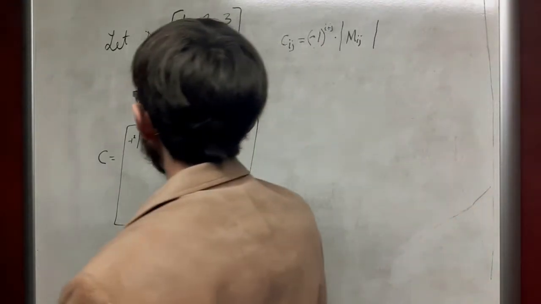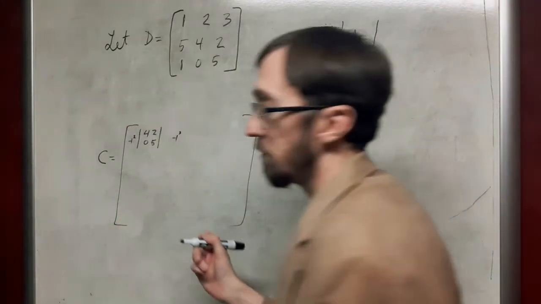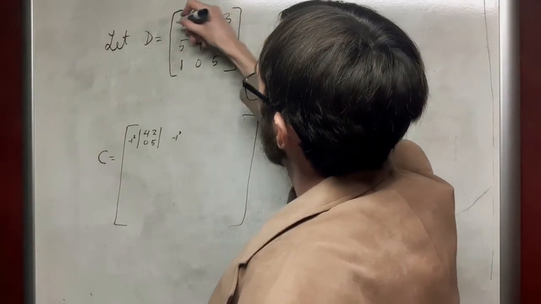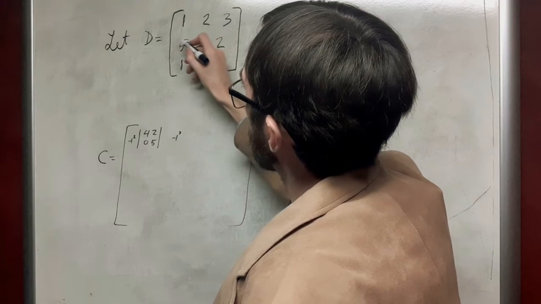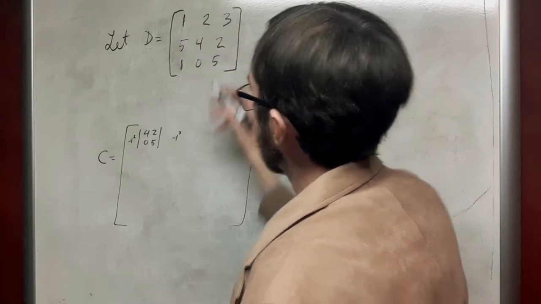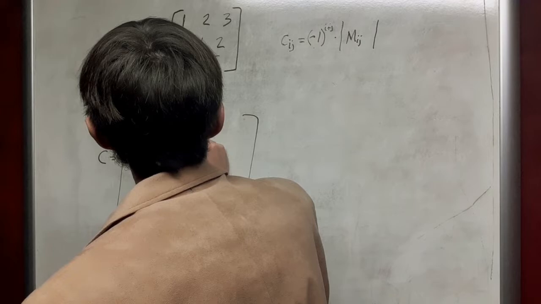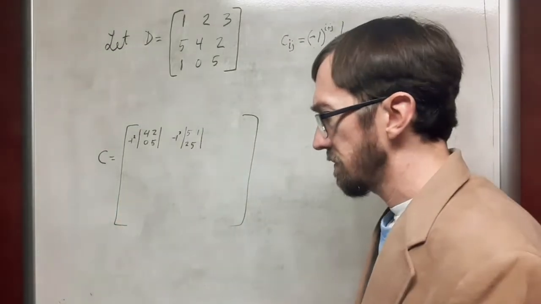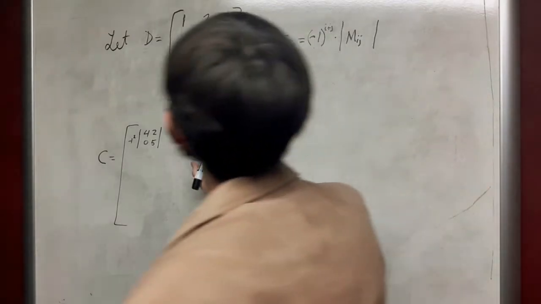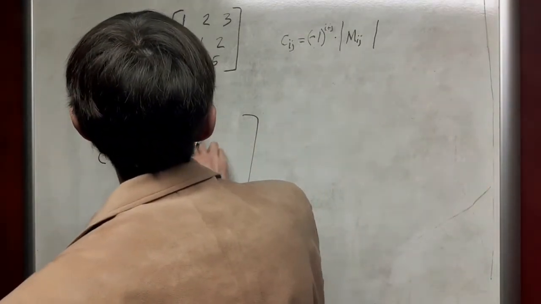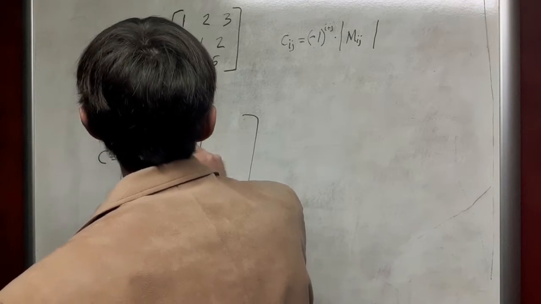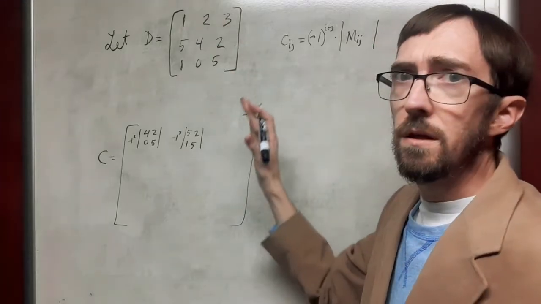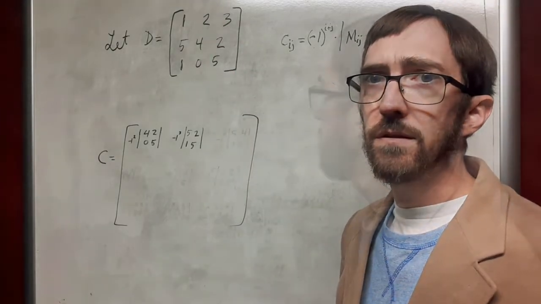So when I put my -1 here, this will be to the third power since 1 plus 2 is 3. And removing this row and this column, I end up with 5, 1, 2, 5. And we will continue to do that for every element in this matrix.